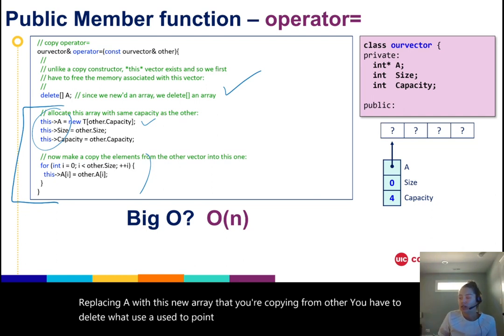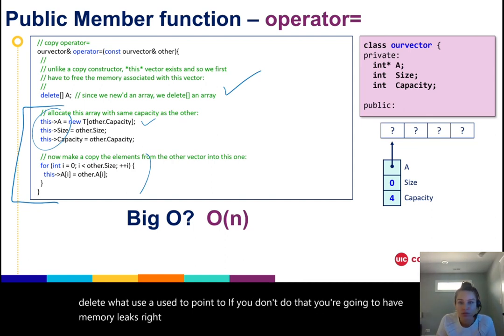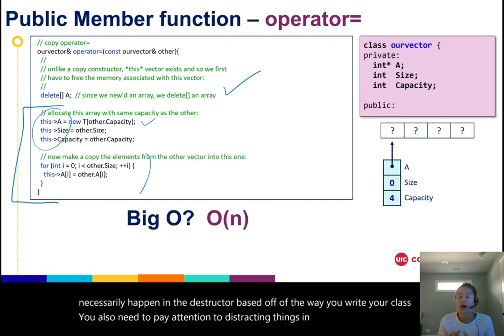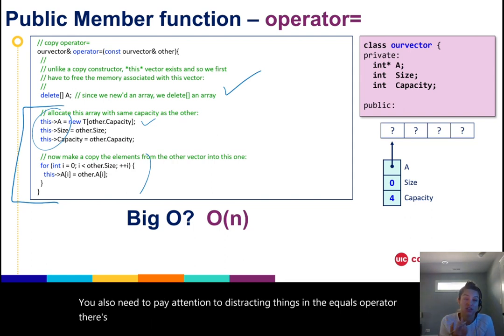If you don't do that, you're going to have memory leaks, right? So it's an example of where all of the destruction doesn't necessarily happen in the destructor, based off of the way you write your class. You also need to pay attention to destructing things in the equals operator. There's other operators where you'll need to destruct as well.